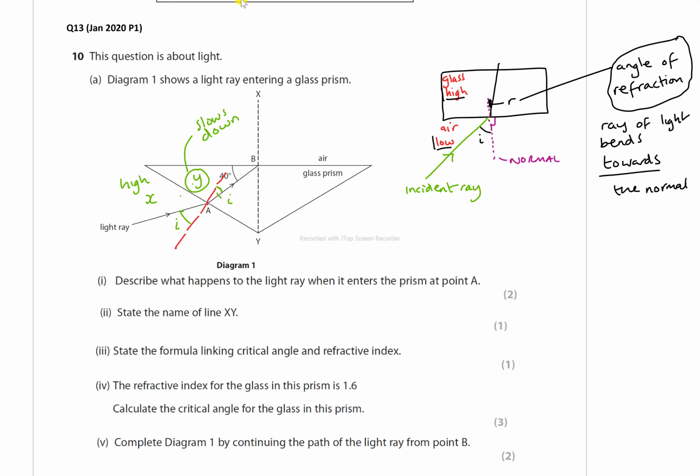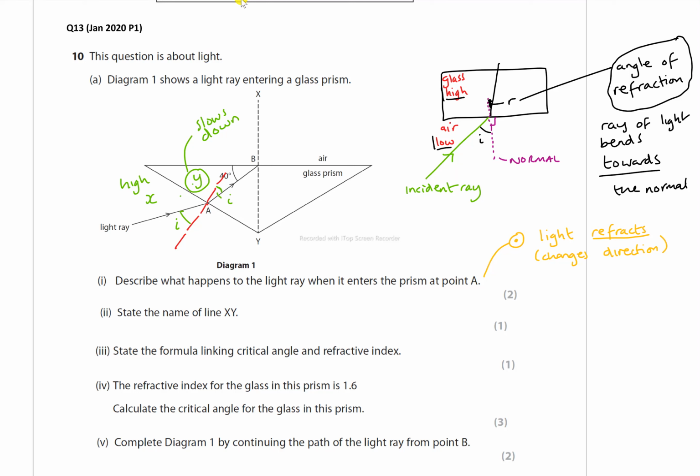Right, okay. So we need to describe what happens to the light ray when it enters the prism at point A. So let's write this down here. First thing, the light changes direction. The light refracts, or instead of refracts, which is probably a better word, just say changes direction.